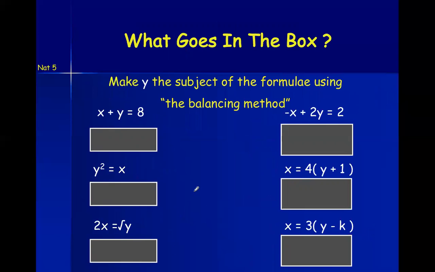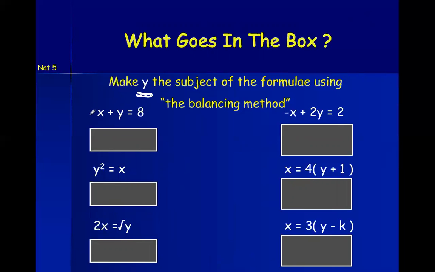Okay. So the first one, if I'm given x plus y equal 8, I read the question. This is the bit that is the most important. We read the question, right? Make y the subject. Okay, cool. I've got y on the left side. Easy enough. I need to get rid of an x.